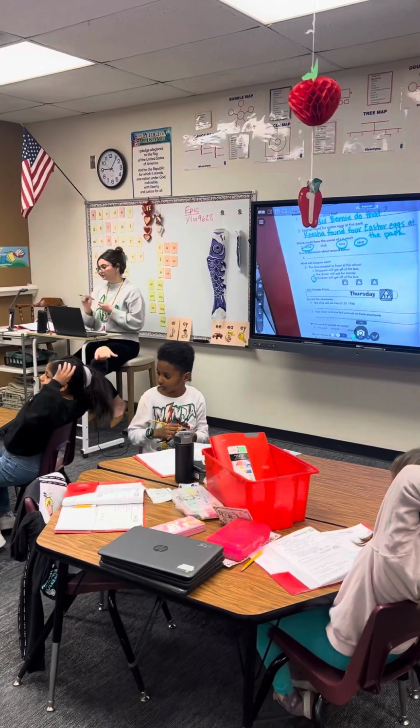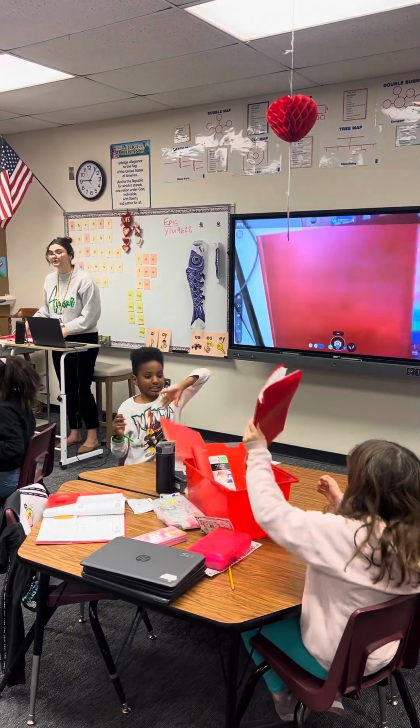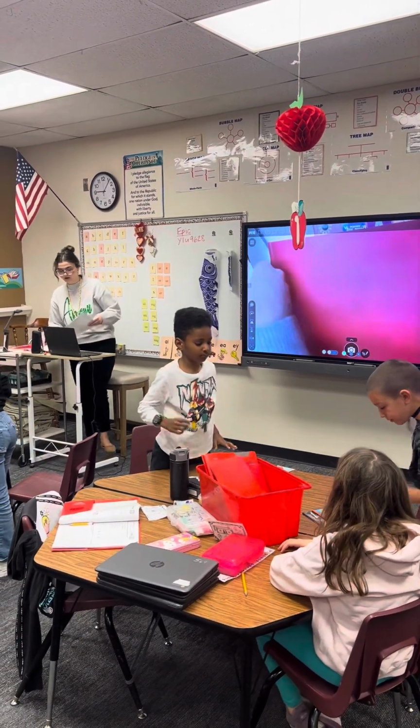Yes. Okay, so if you have C circled, go ahead and close your red folders and put them in your bucket. And keep your pencils out.